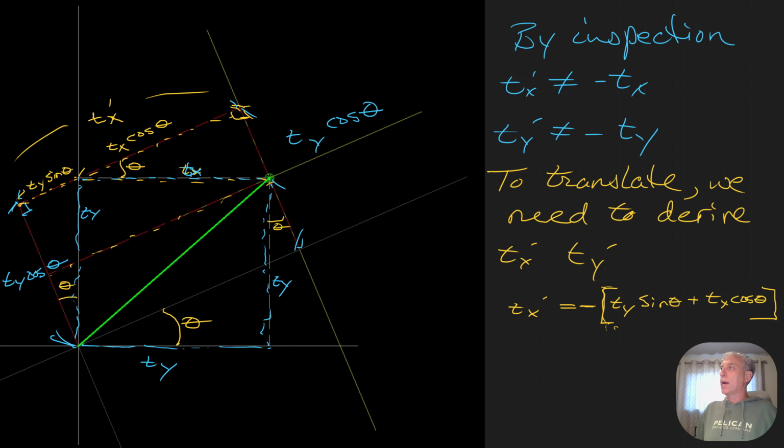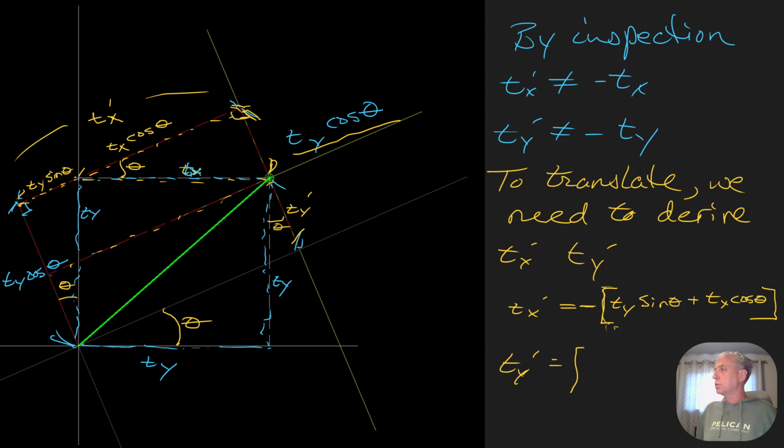And the same way, since I have Ty cos theta for this distance, I can subtract this other distance to get my Ty prime. So the whole thing is Ty cos theta.